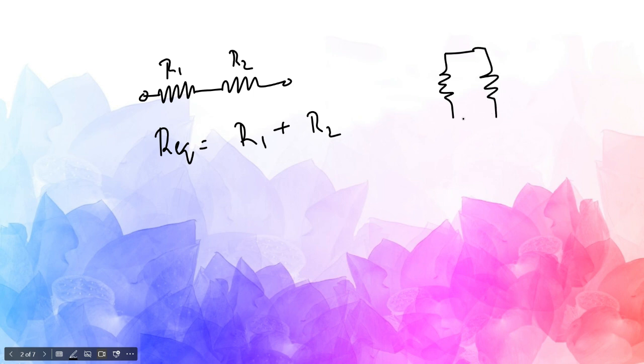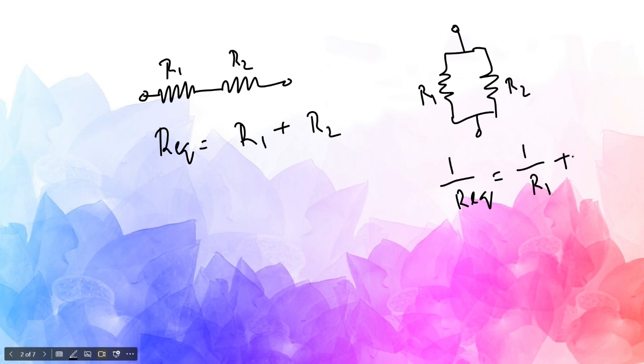And if there are resistances in parallel, one like this and another like this, what will be the equivalent resistance? Let's say this is R1 and this is R2. Then the formula is 1 by R equivalent equal to 1 by R1 plus 1 by R2. So it is R1 R2 by R1 plus R2, that is 1 by R equivalent.